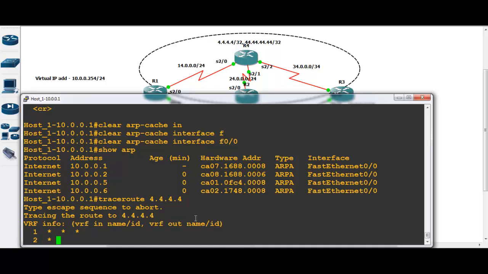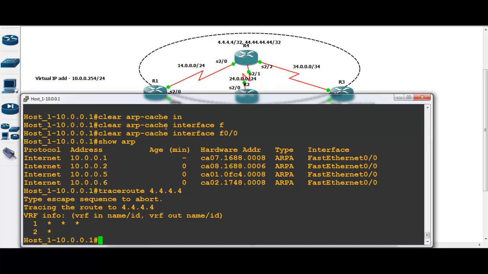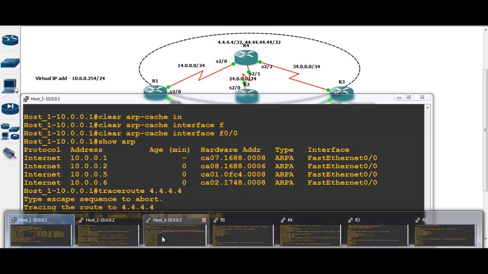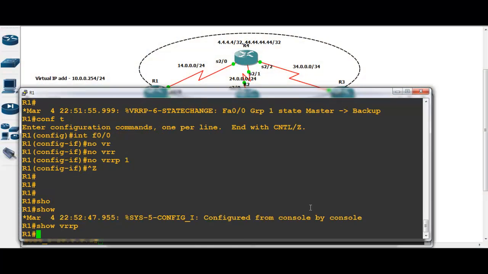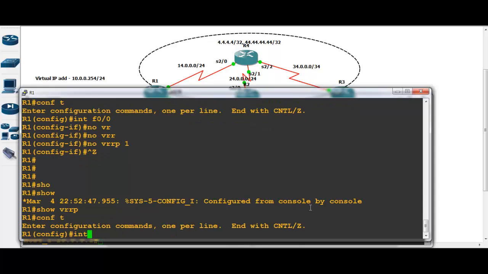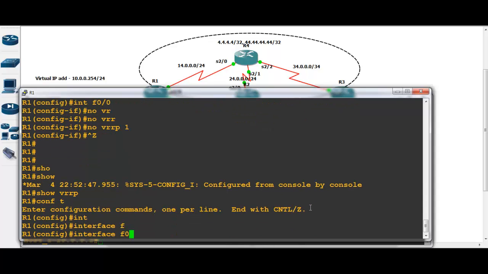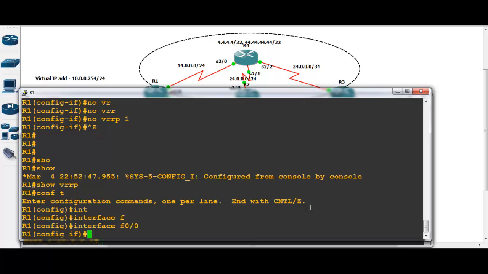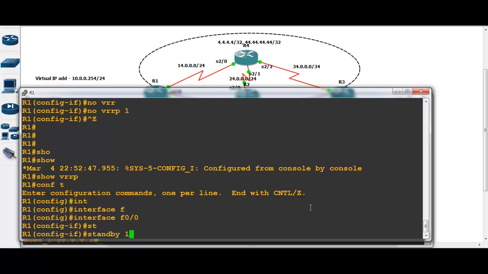Let me stop this trace and let's enable HSRP on router 1. Interface FastEthernet 0/0. Same as VRRP, the command is the same. Standby, group ID, IP address.